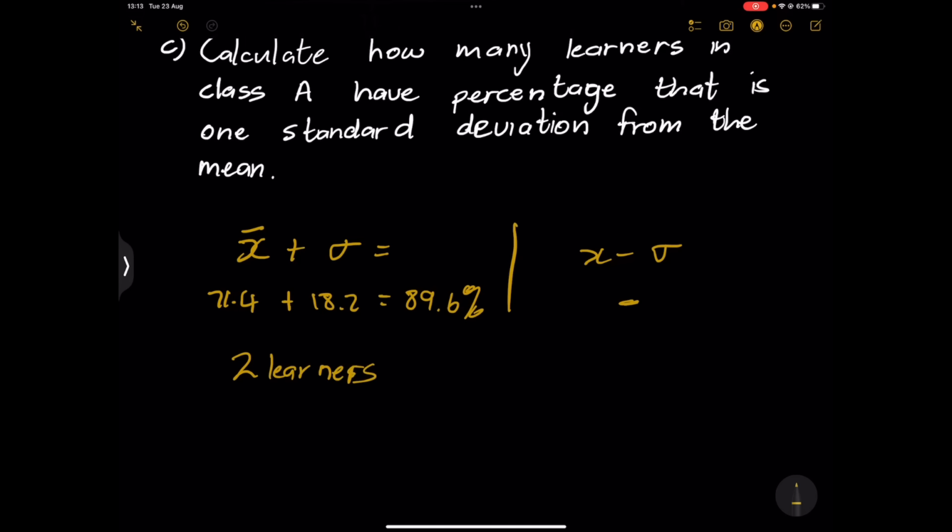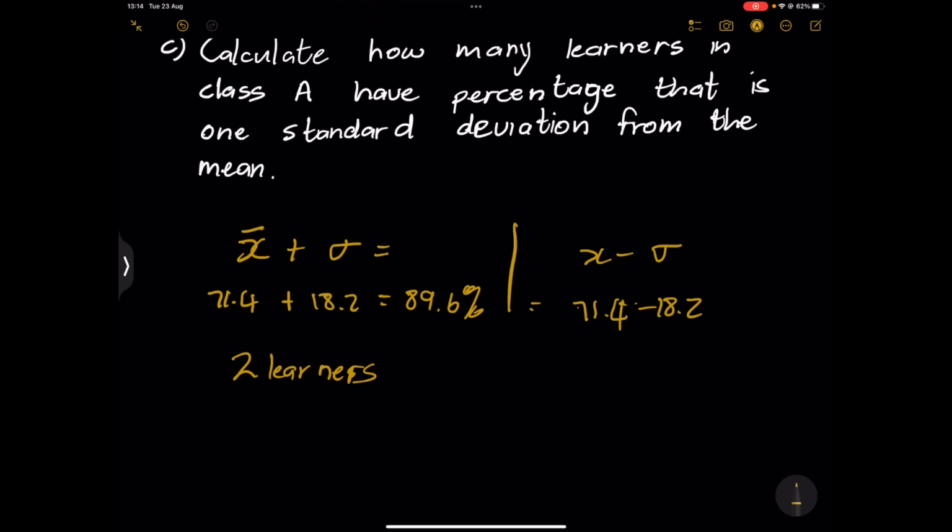But now let's look at learners below the standard deviation. That would be 71.4, and we are now subtracting 18.2.